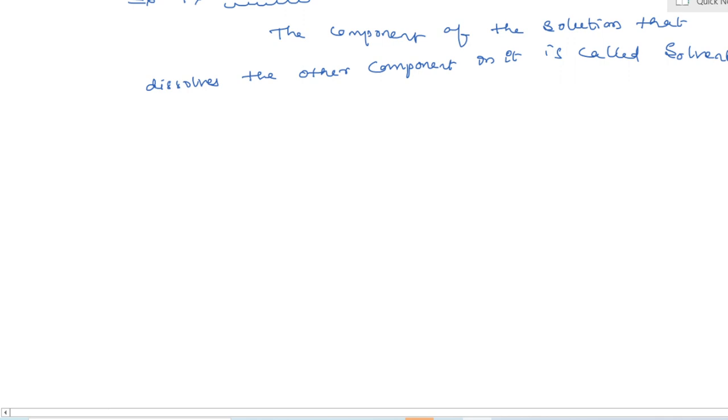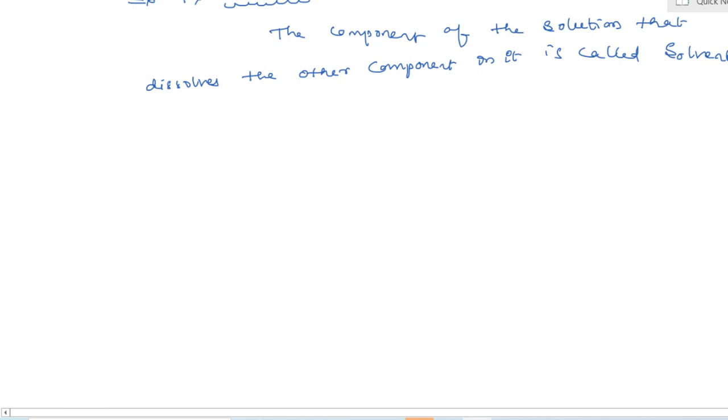It means it is totally said to be water. Solvent means a dissolving phase. It means the capacity of dissolving in it is termed as a solvent.